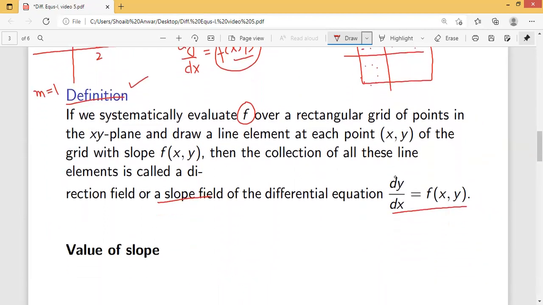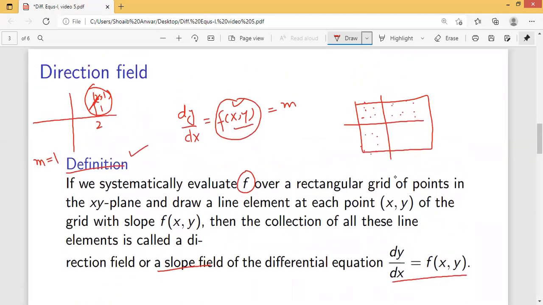In general, we can draw these kinds of lines in the whole rectangular region at each point. First we calculate the slope of the tangent line at a point, then we draw a small line with that slope over that point.